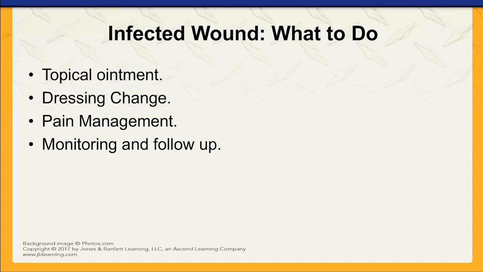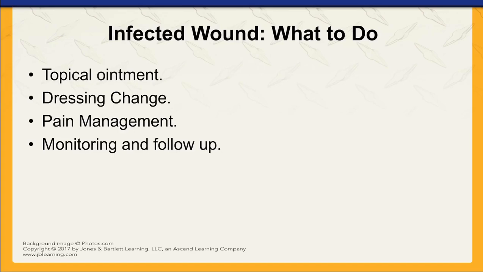What do you do when you have a wound that's infected? Well, if it's something mild, like an abrasion that's not deep, and especially if there's no pus coming out, first of all, if it's infected, you definitely want to get them to the doctor.